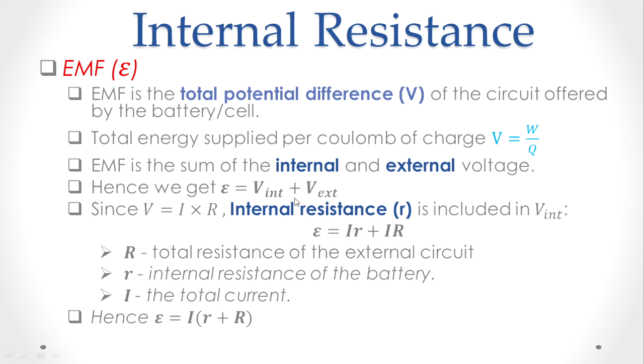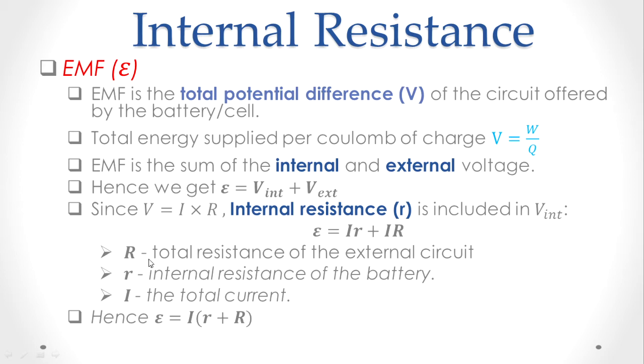And important to note here that if voltage is equal to current times resistance, then we can work out that internal resistance is included here, because internal voltage includes internal resistance, and that breaks it down to this point over here: current times internal resistance, current times external resistance. So what do these things symbolize?